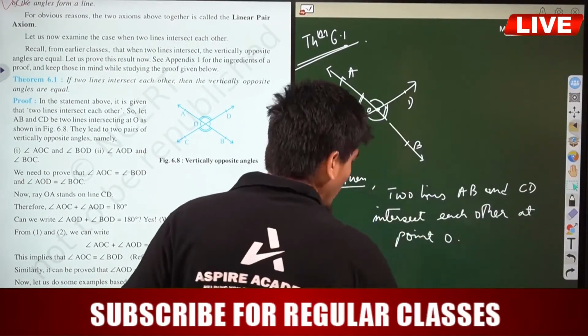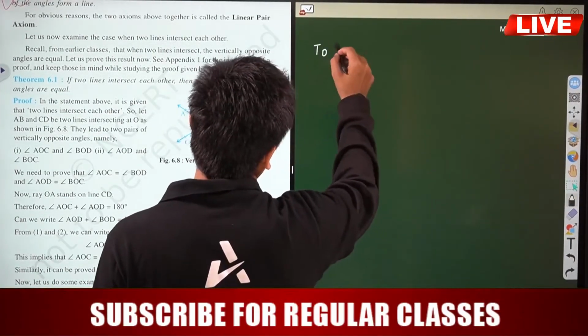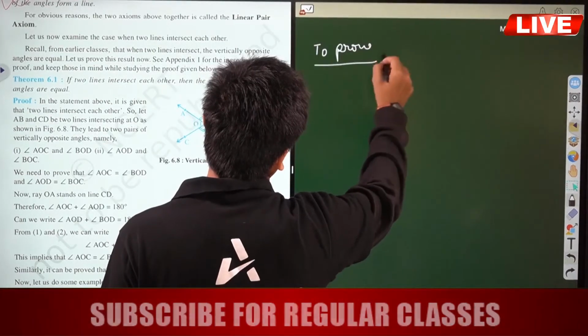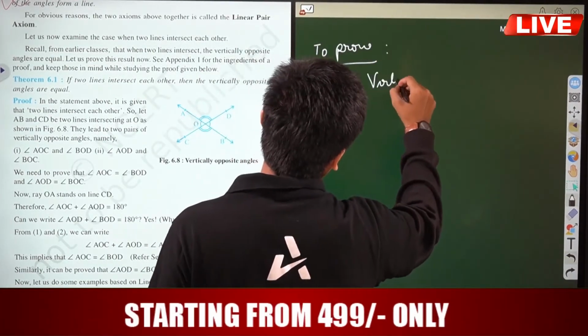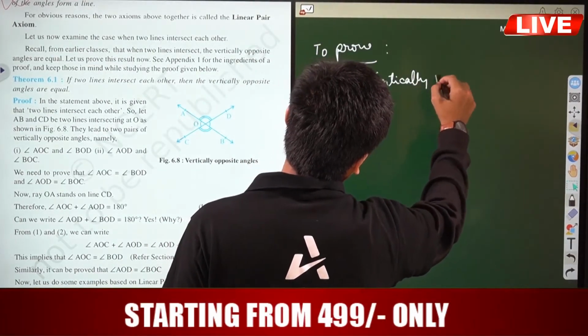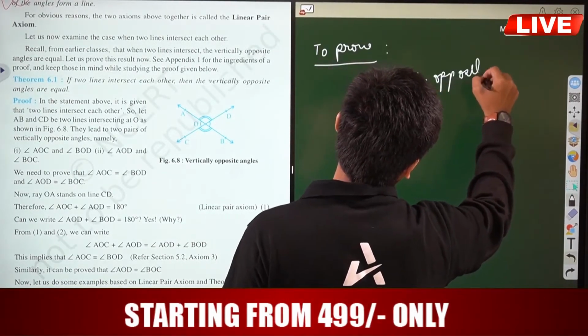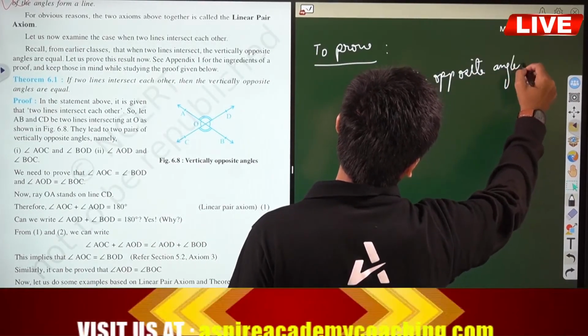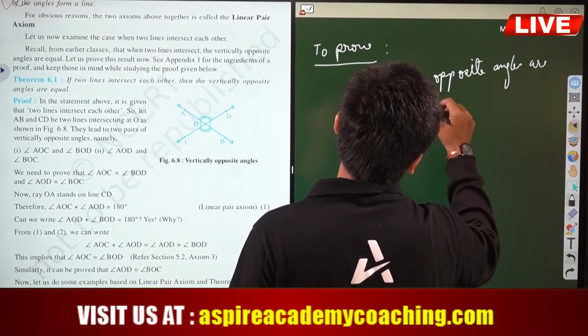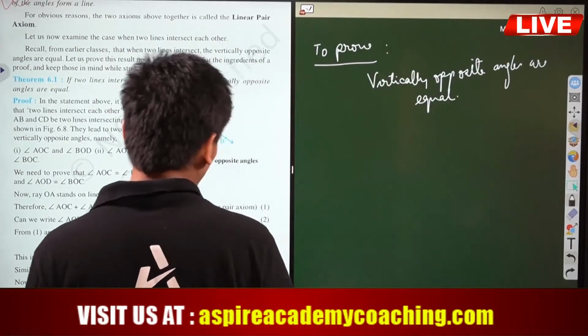So to prove: vertically opposite angles are equal.